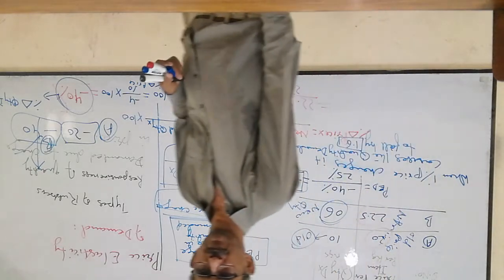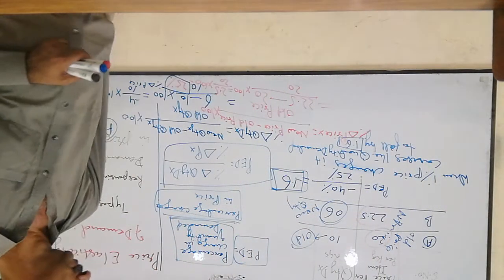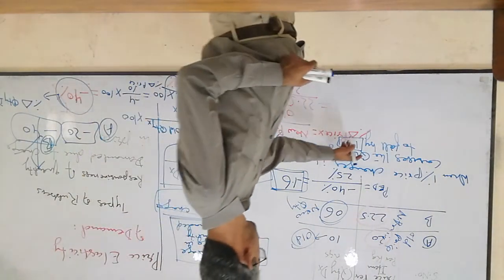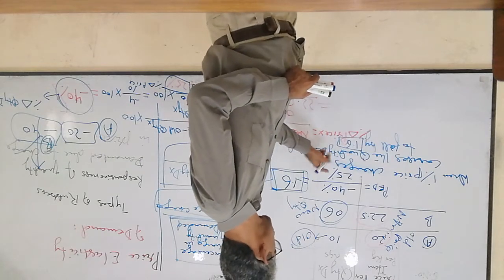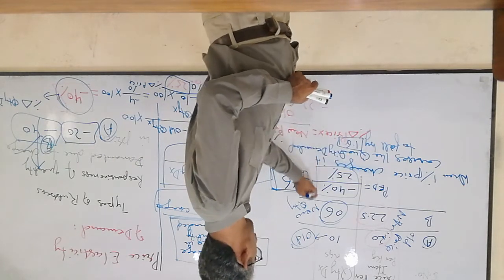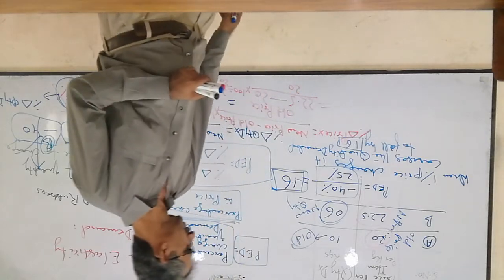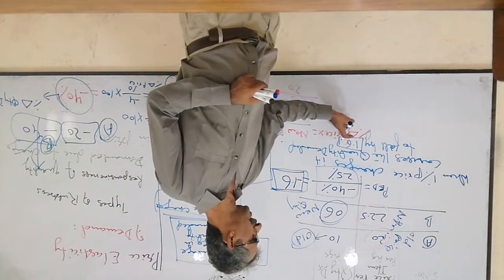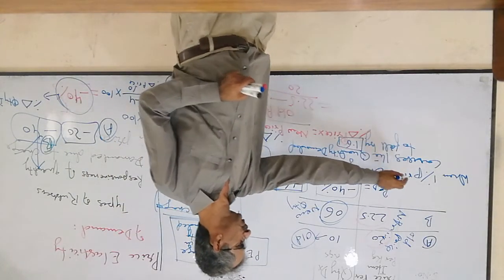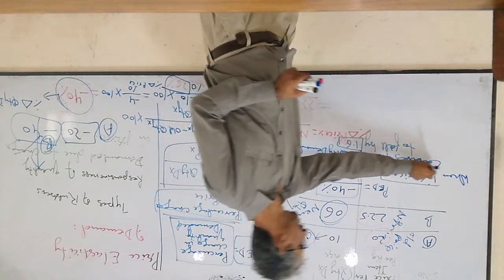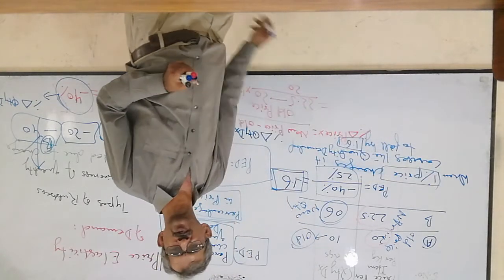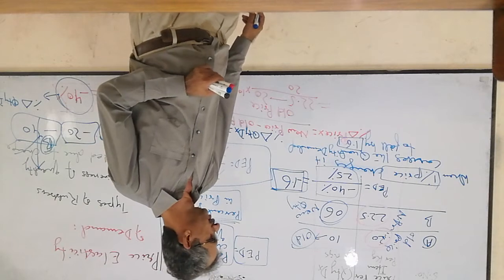It means that when the price is rising by 25%, the quantity is changing by 40%. So we can simply explain that due to 1% change in price, there is 1.6% change in the quantity demanded.